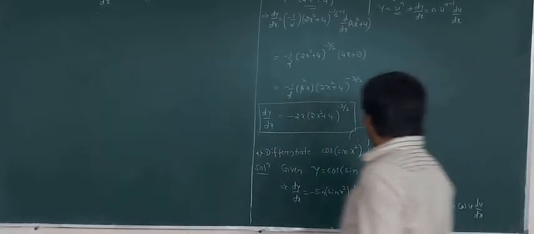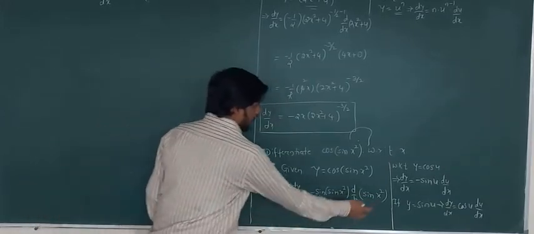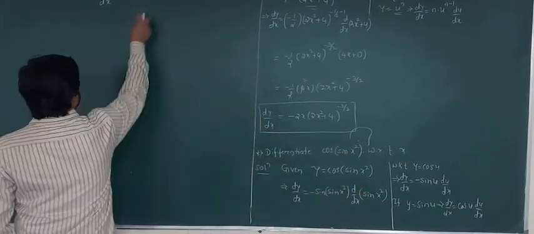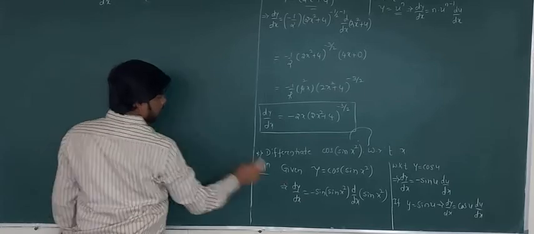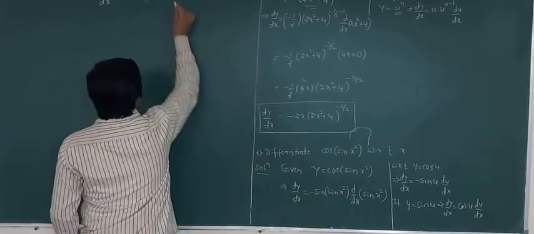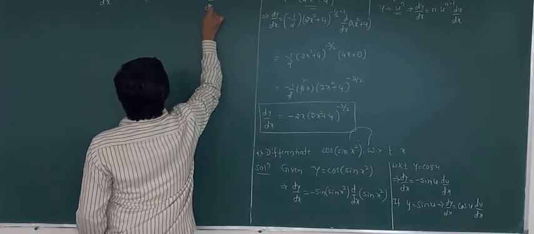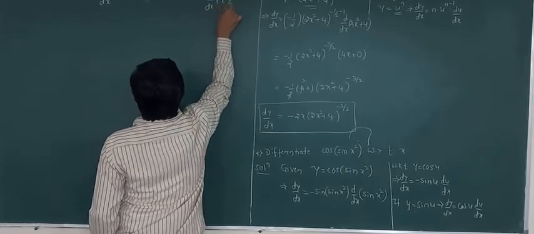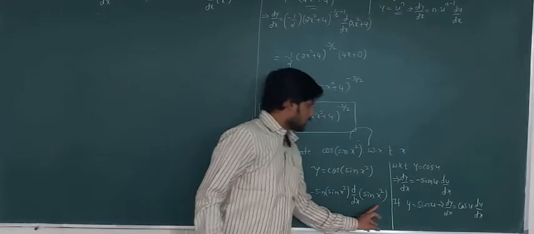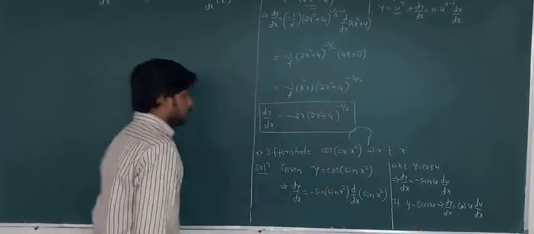Okay, here sin u, in place of u we have x square, so into differentiation of sin is cos, that is cos x square into d by dx of x square. In place of u we have x square, comparing these two.